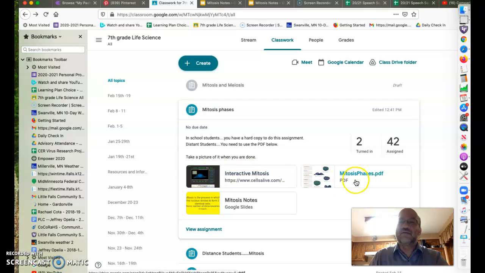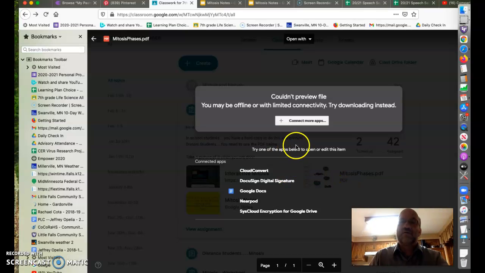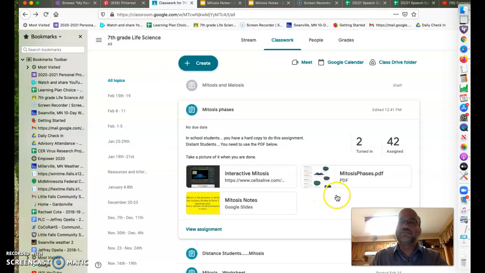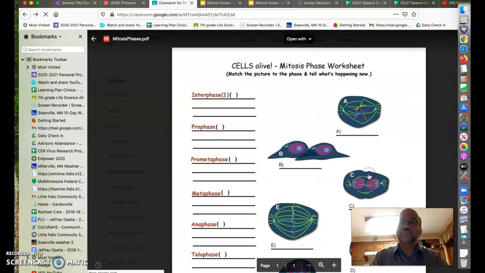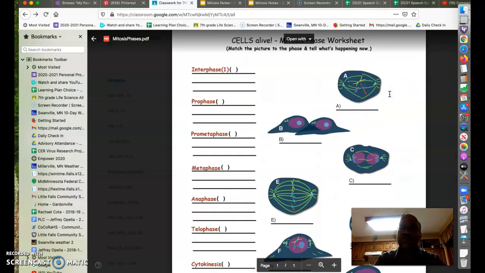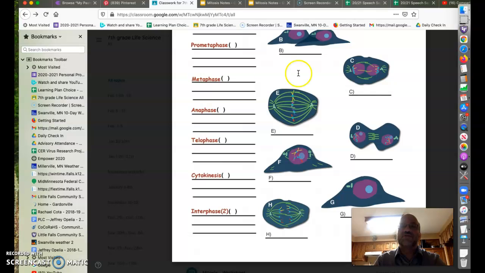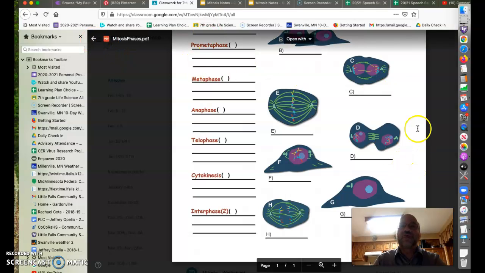I wanted you to go through, and, oh, that isn't coming out for me right now. There it is. Today's assignment was to see this page, this worksheet, see the pictures, and then try to match them with each stage of mitosis.